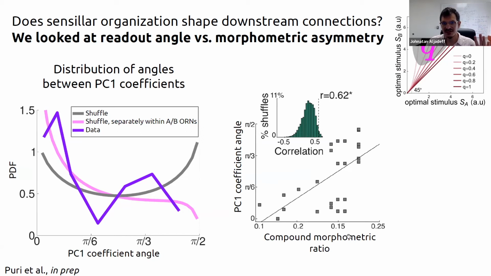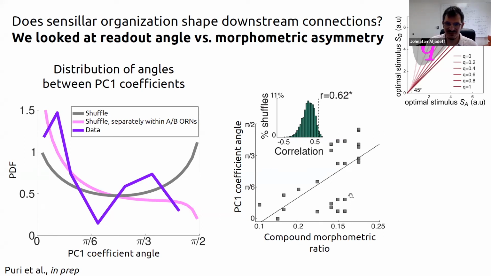So from these 4 quantities, we computed the linear combination which is most strongly correlated with the readout angle. Because the ephaptic coupling depends on the size of these neurons, we hypothesized that some compound morphometric ratio will be correlated with the readout angle. So here we fit the coefficients of this compound morphometric ratio to be maximally correlated.